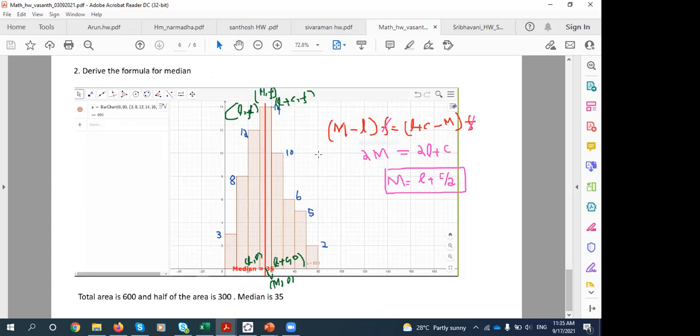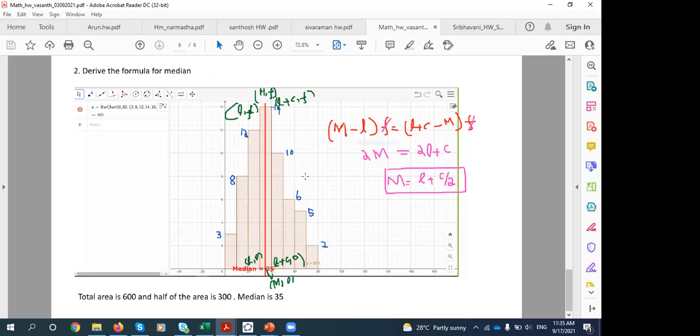So what you have here is a special case. It may not happen for any histogram. In your case, everything kind of canceled out, balanced out on both sides. Therefore, you are left with just the median class and the corresponding rectangle. That may not be the case always.